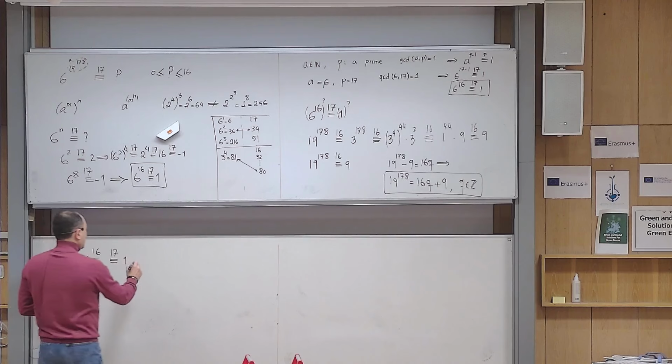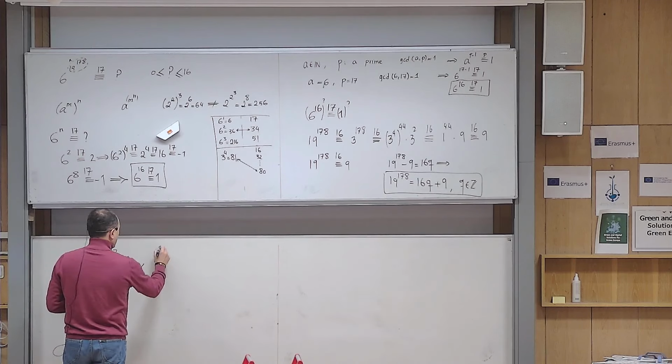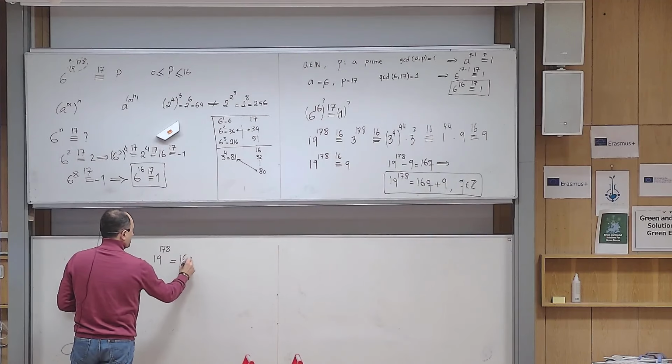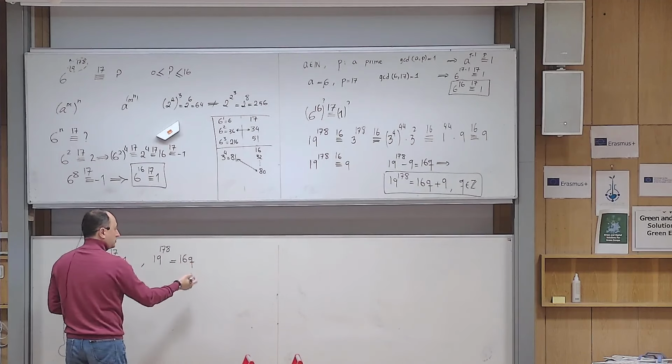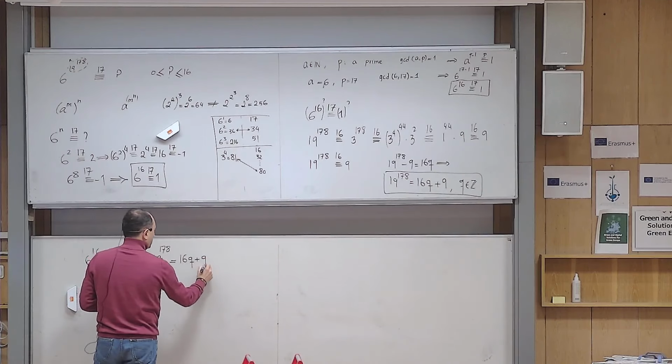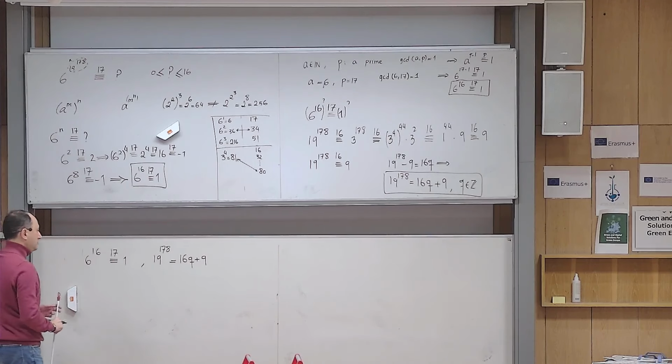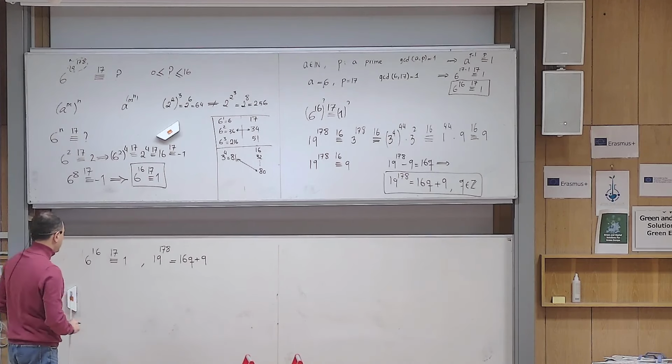And I also learned that 19 to the power of 178 is a multiple of 16, which multiple I don't know, but plus 9. And this is important that q is an integer. Of course, here q is a natural number because all of the numbers are positive.